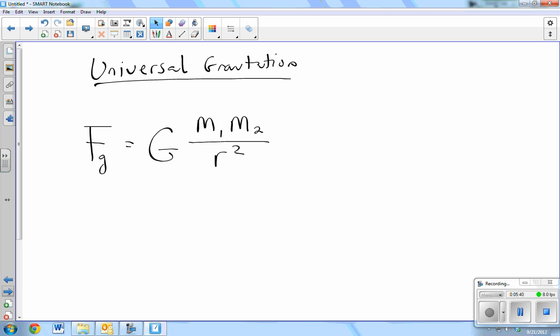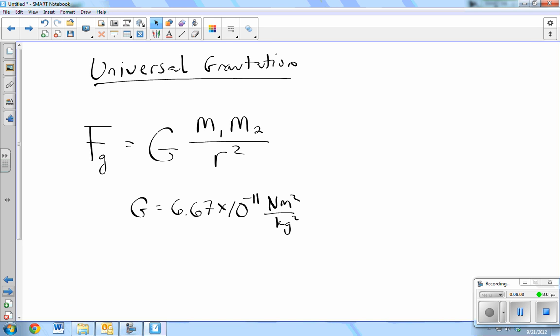This is a universal law, so it works on the moon, it works in the middle of space, it works near the sun, it works everywhere. The force of gravity equals G, and G is a constant, 6.67 times 10 to the negative 11 Newton meters squared over kilograms squared. A really, really annoying constant.